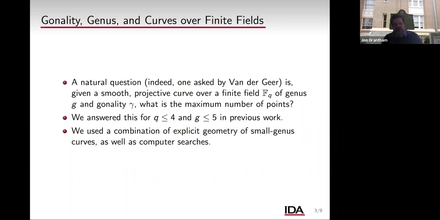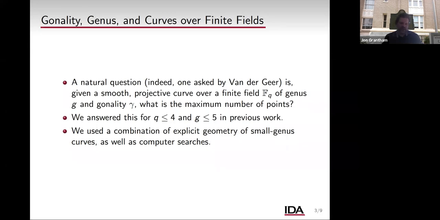And one of the questions he asks in another paper is, okay, what if you put a gonality restriction onto the particular genus and finite field? What can you say about the largest number of points you can have on a smooth projective curve over a particular finite field?